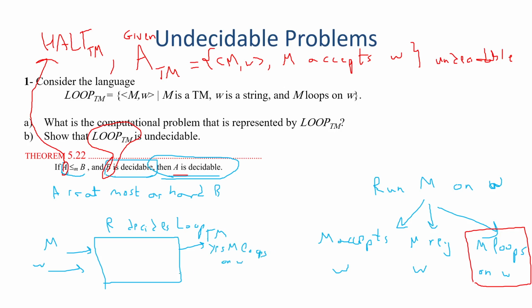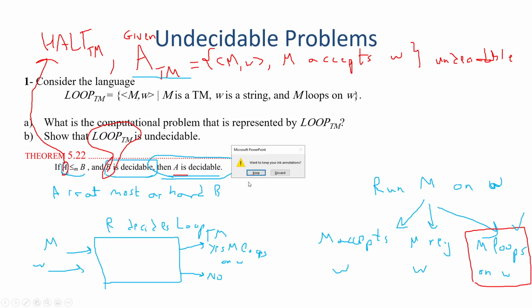That solves the issue that we have over there on the right. If I have a machine that is able to correctly tell me whether a Turing machine loops on a W or not, then that solves this issue that ruins the decidability for a bunch of other machines. So that's the intuition. We're going to be using this loop TM to build this machine. Loop TM will fix this problem for us, and that's really why it's undecidable.